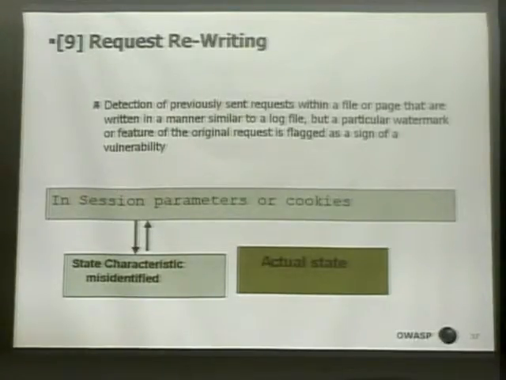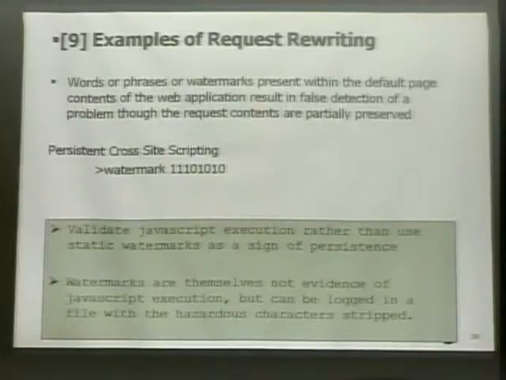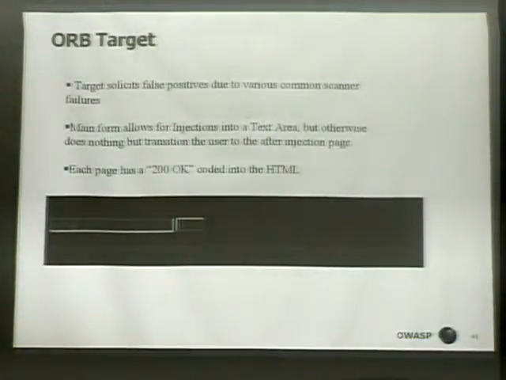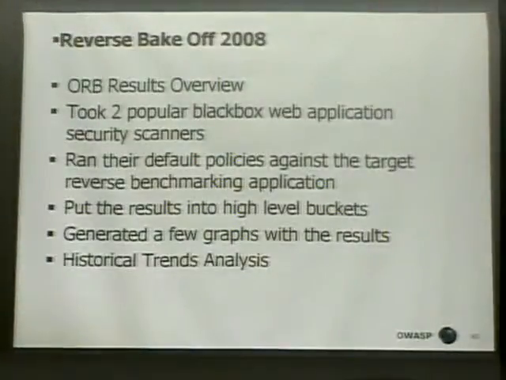And so sometimes they'll stick that information into cookies or parameters. Actually, it looks like I'm running out of time, so I'm going to fast forward through that stuff. Here's a look at just the ORB target, and so it has a fake login, and then it also has a submission page and stuff like that that rewrites the request to the body. And so actually, I'm going to get to the results now.